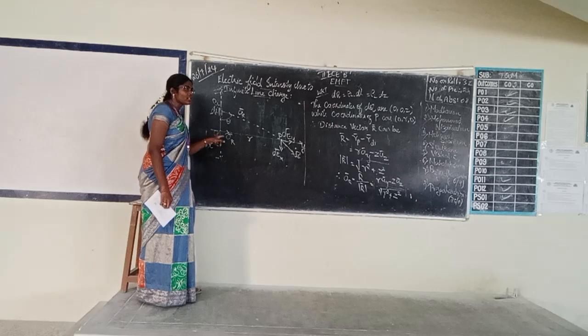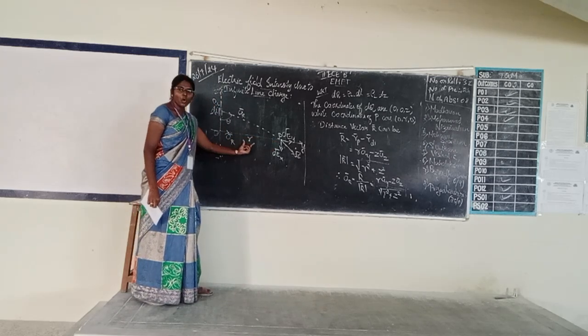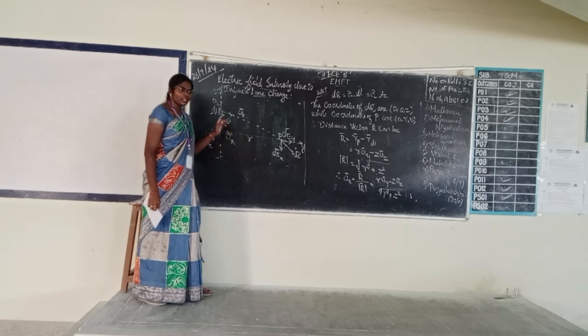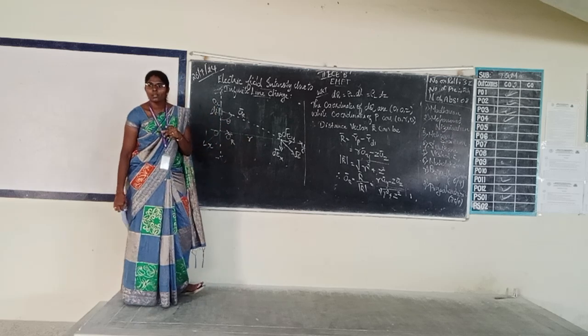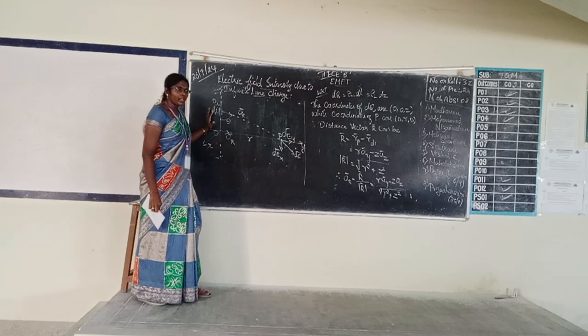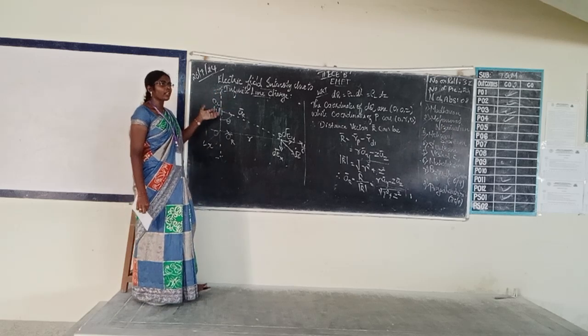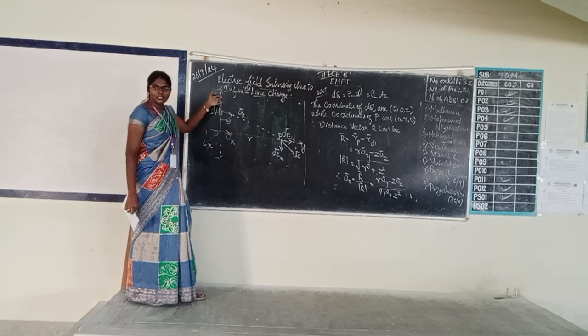After that, the distance of the point P from the object is taken as small r. You have to write all of this one by one in points. First, we say that for the infinite line, we are considering the infinite line along the z axis.